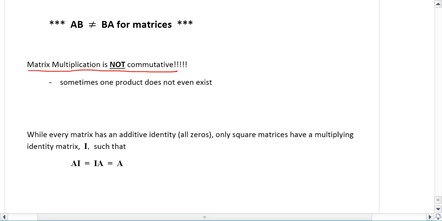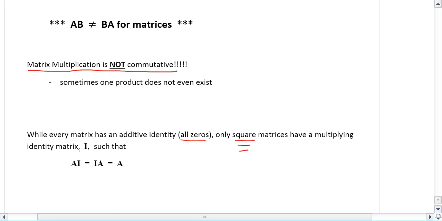This next part, we did talk about adding identities in section 2, so here we're going to talk about a multiplying identity. Every single matrix has an additive identity, when the matrix is all full of zeros, no big deal. But now in multiplying, only square matrices have an identity.